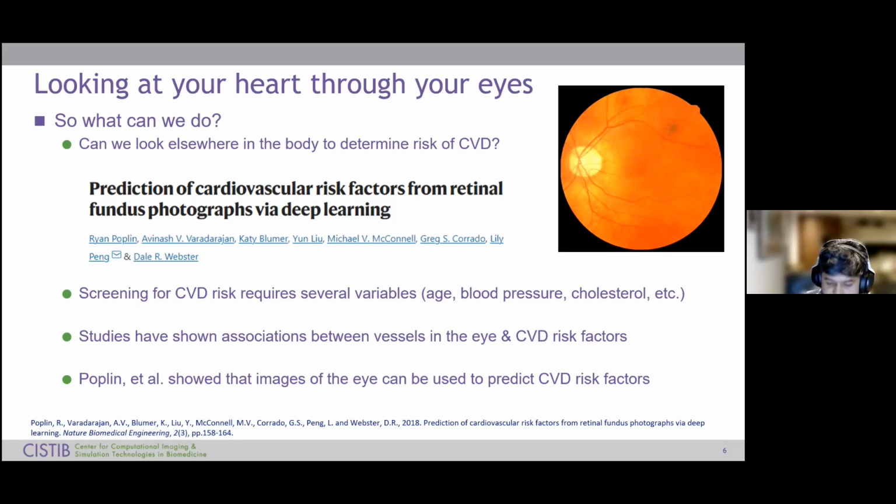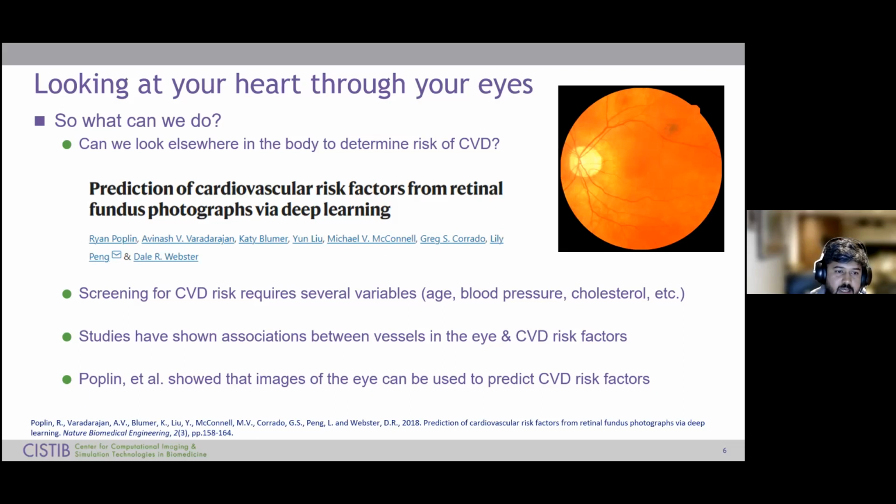So the idea here is that these fundus photographs are quite high resolution depictions of your retina, along with some of the blood vessels that you can see there. And these blood vessels, depending on their tortuosity, the number of bifurcations, whether they have occlusions, etc., encode some information about your overall vascular health.